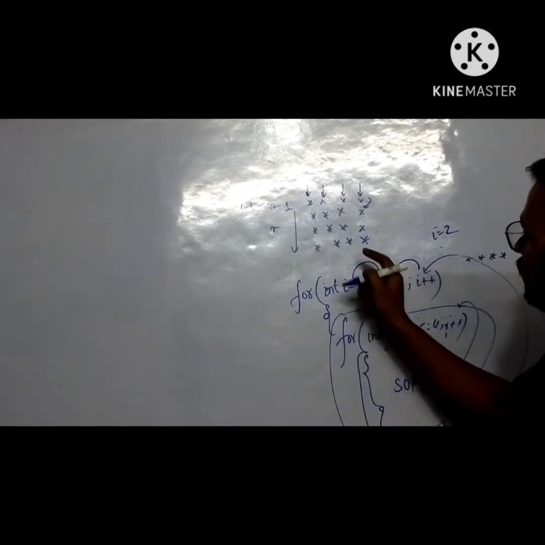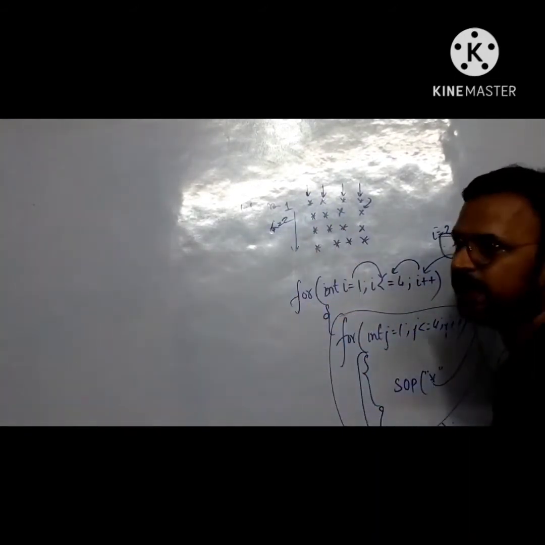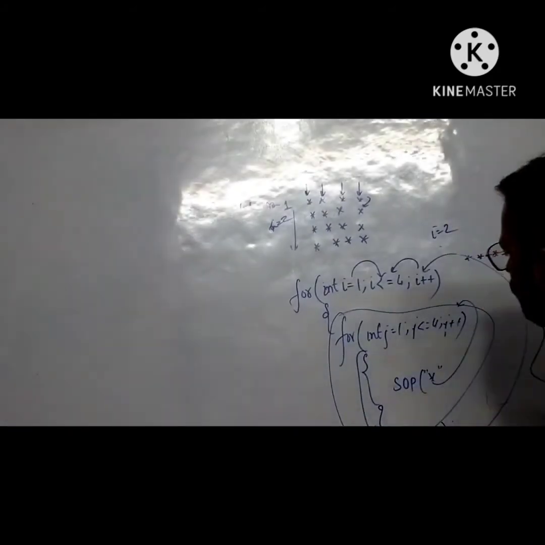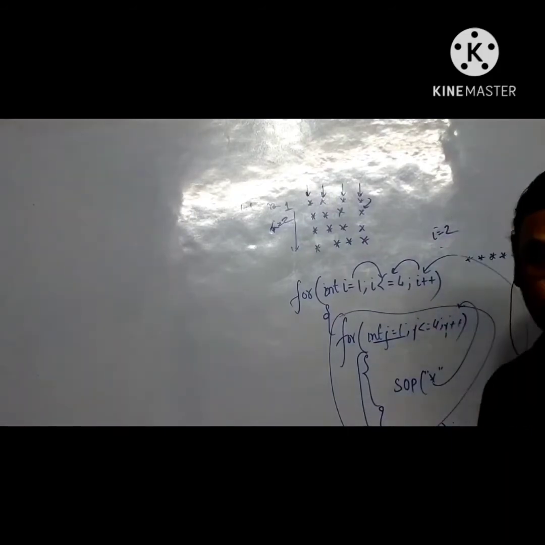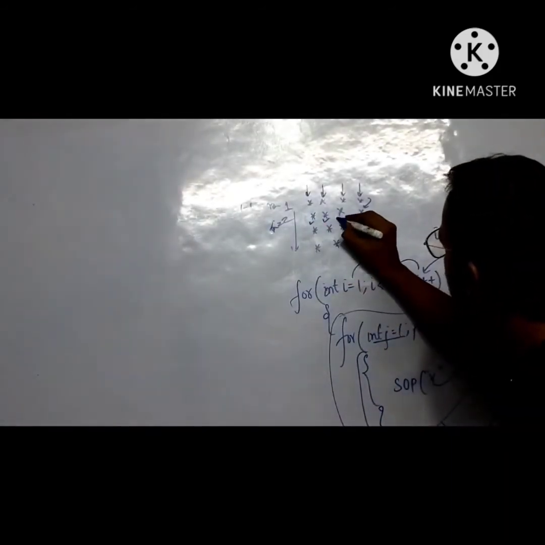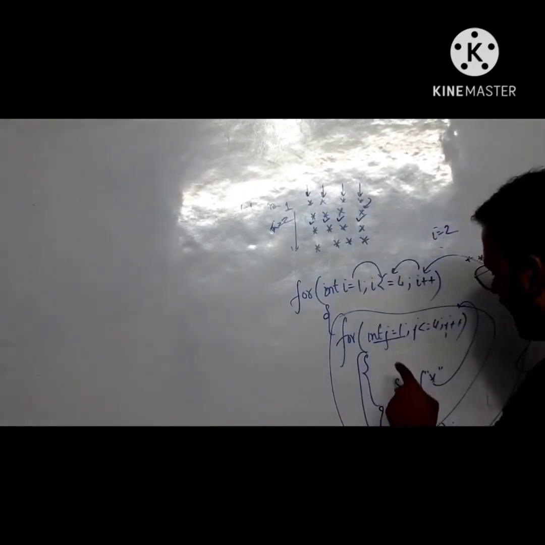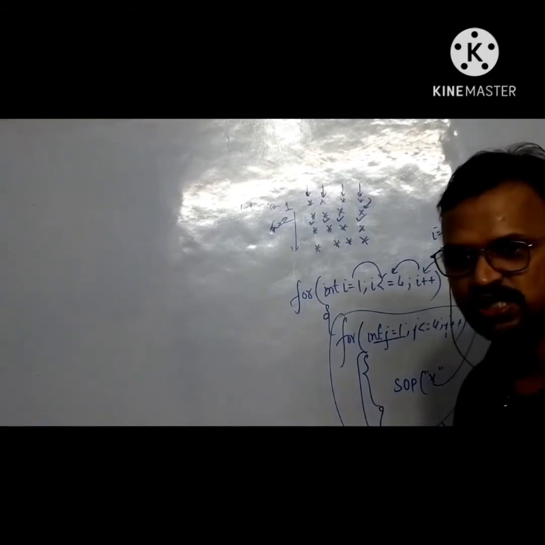Yes, it is true. Now i equal to 2 means it has come to the second row. Then again it comes inside, and again it starts from j equal to 1. Then j equal to 1, 2, 3, 4, and for those values it prints the star, and then again changes the line.